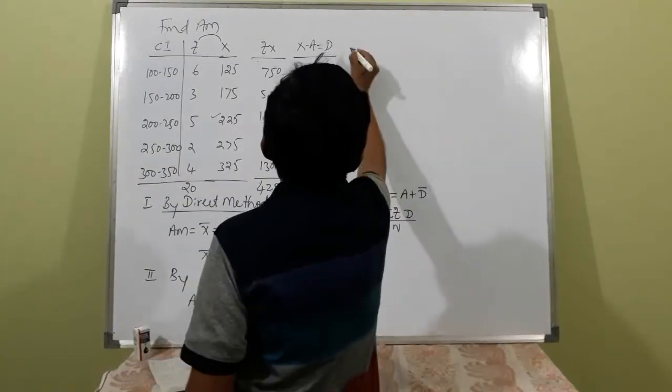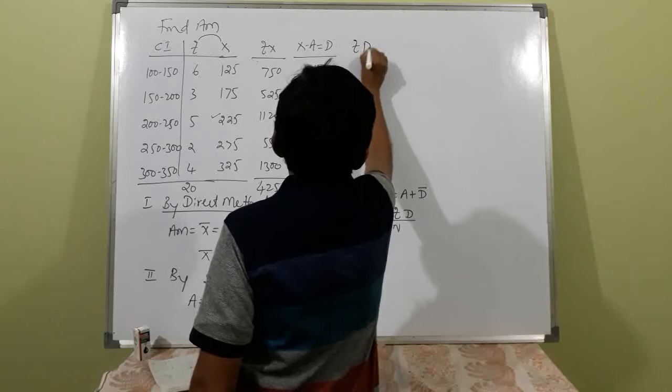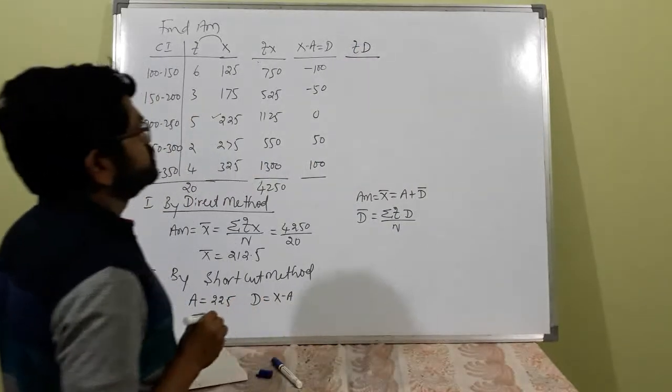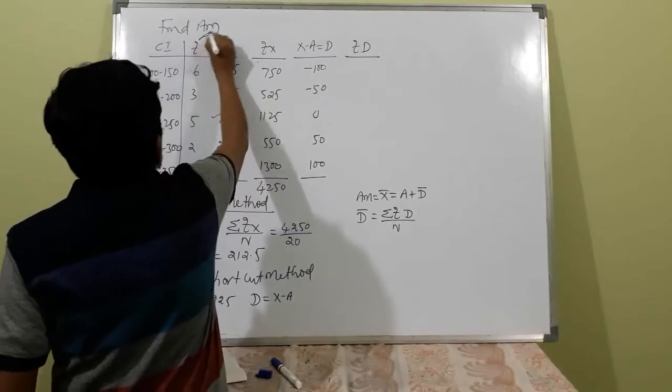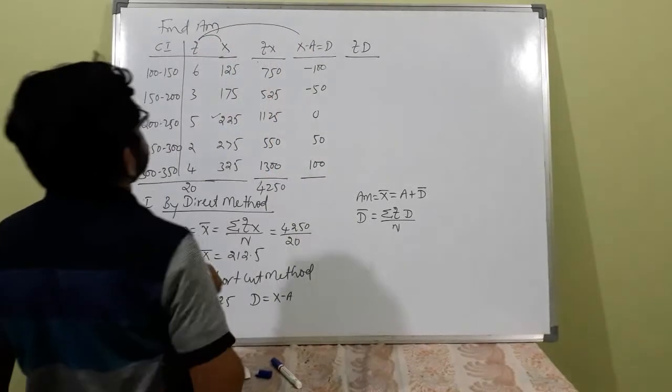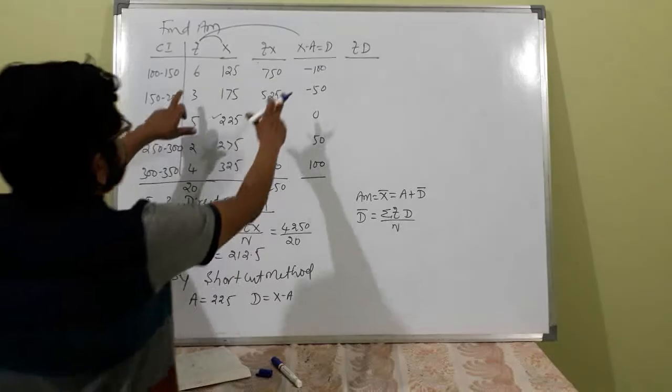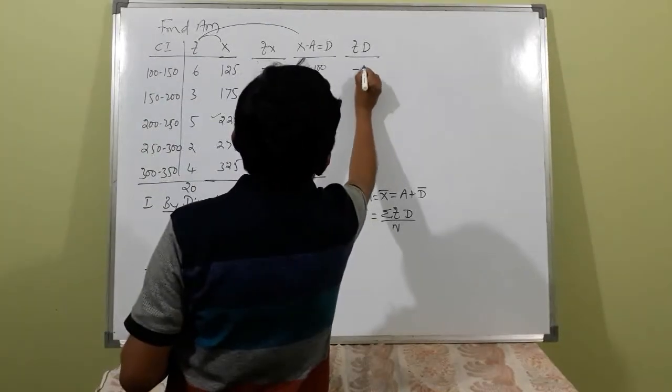Fd you have to construct. So F into D column. These two. Minus 600.